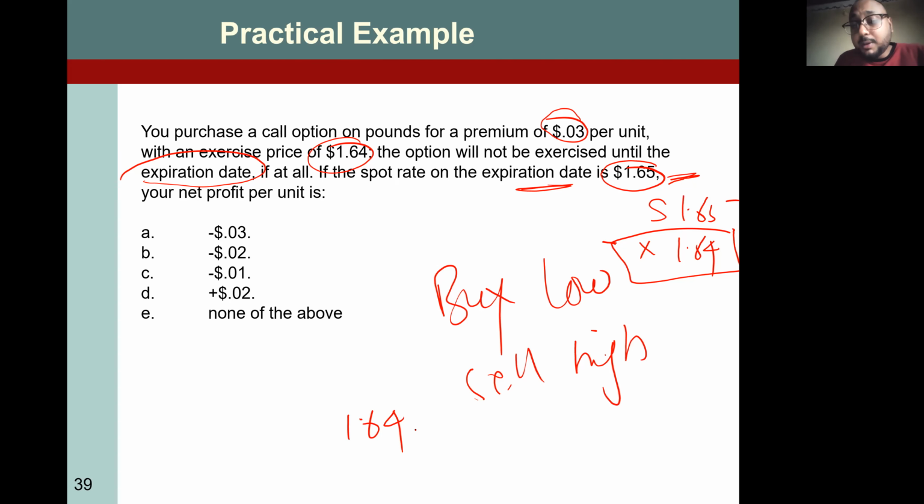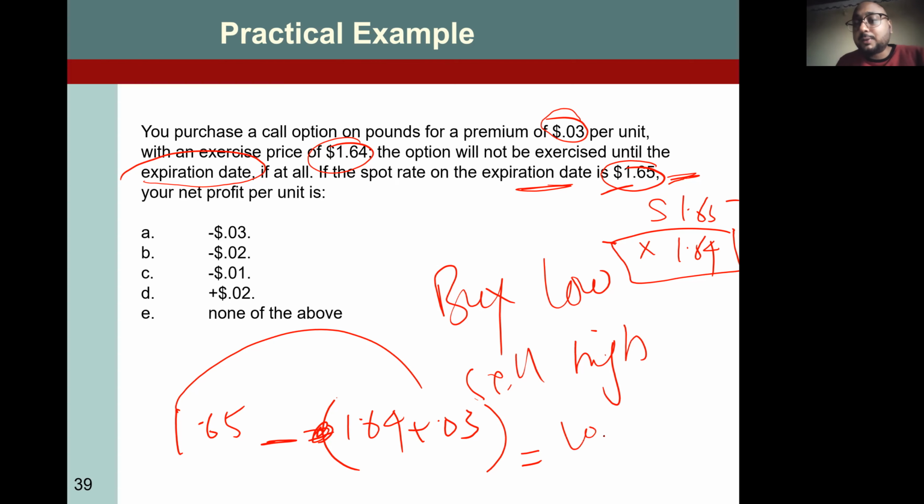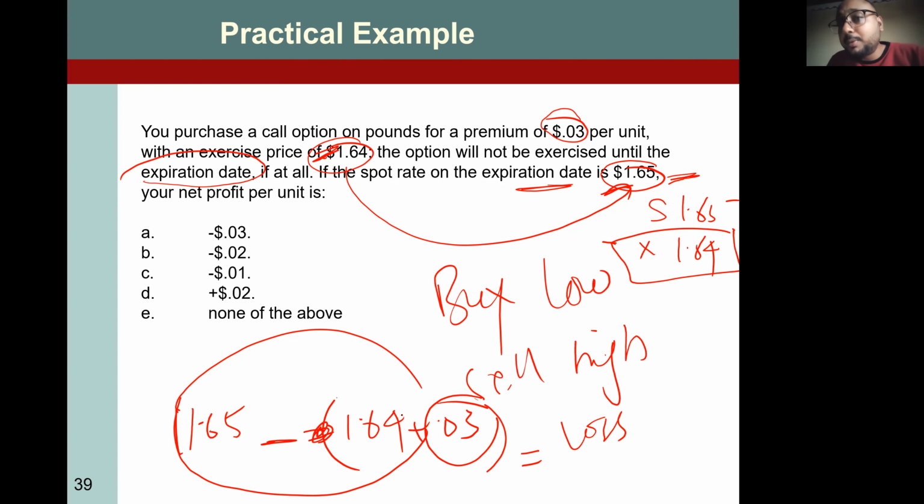You will pay the premium 0.03. That is your cost, and your sale price, you will sell into the market at 1.65. So what is the profit or loss? There is a loss here because you buy from the contract at 1.64 and sell in the market at 1.65, but you already paid the premium.